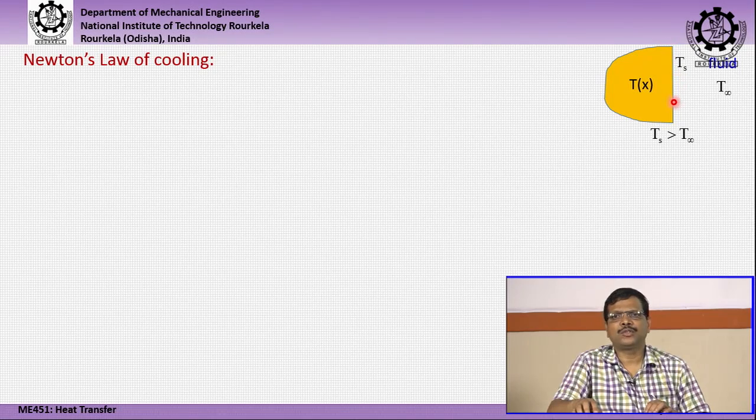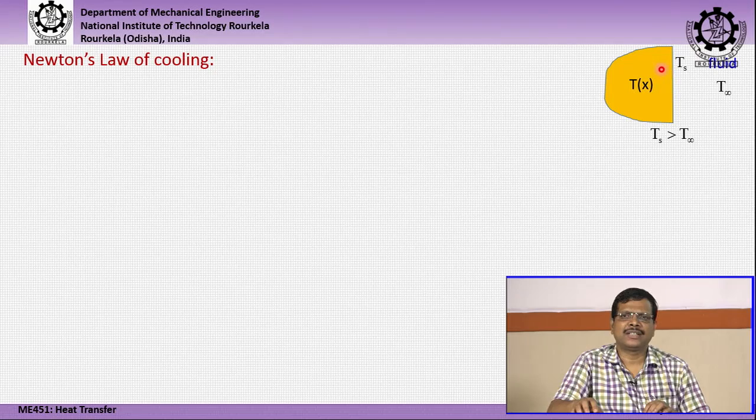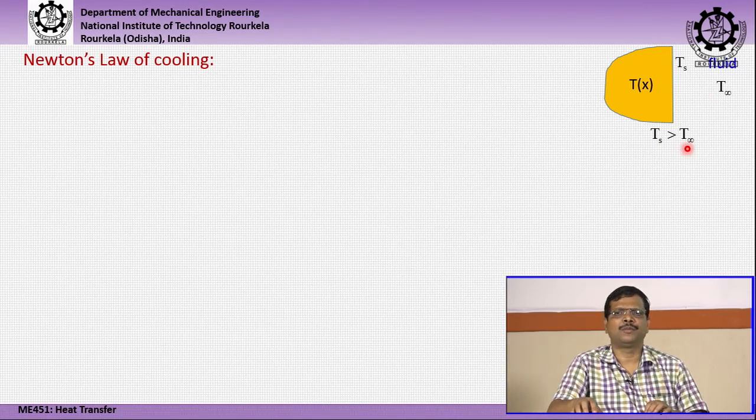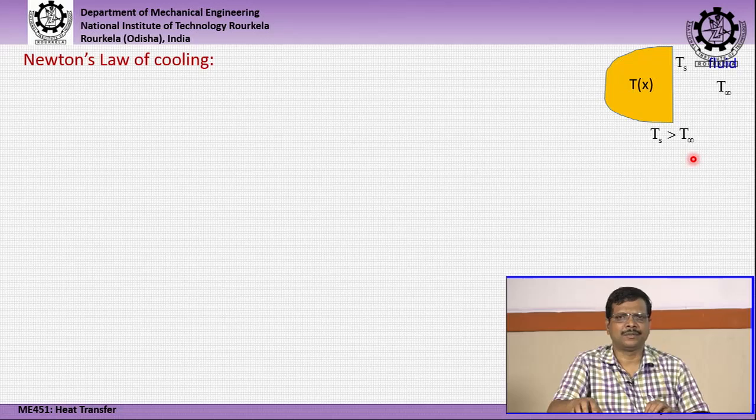On the surface if you measure, you will have some particular temperature, which we denote as T subscript s, the temperature on the surface. Then the temperature of the ambient fluid we denote as T infinity, which we consider to be some constant value, and here we assume that the temperature of the solid surface exposed to the fluid is higher compared to the ambient fluid, that is, T s is greater than T infinity.